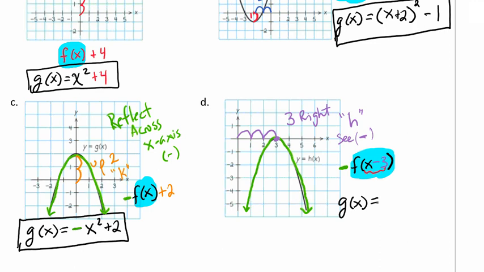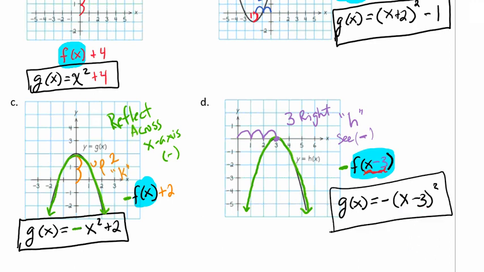So as we go to write our equation for our g of x, we'll have our negative out front, but in the x squared spot, we need to write x minus 3. And we can't simplify anything, and so this is going to be our solution. And so here we've written the equation of that graph.